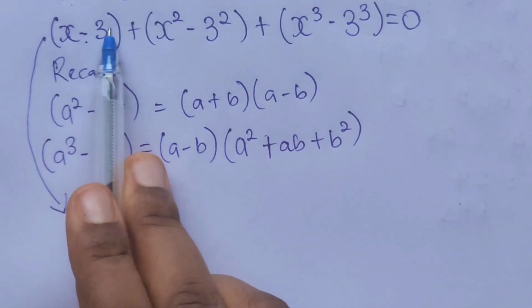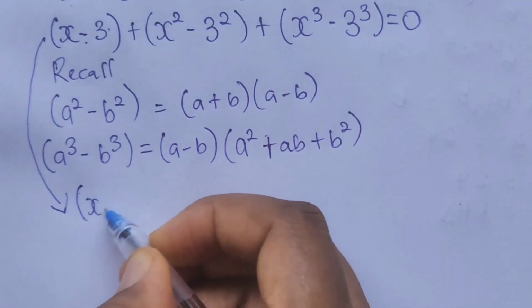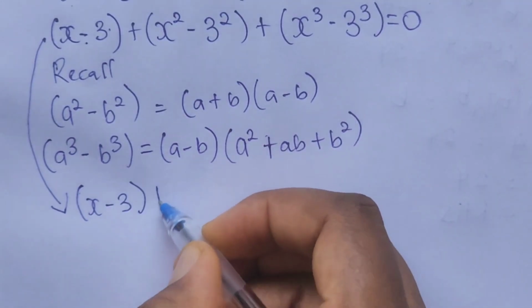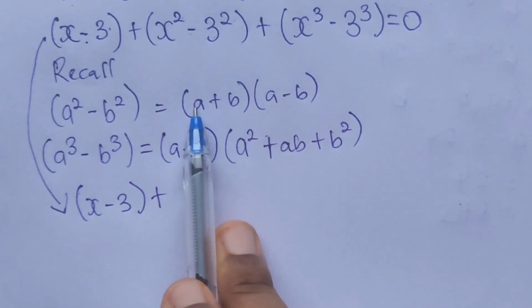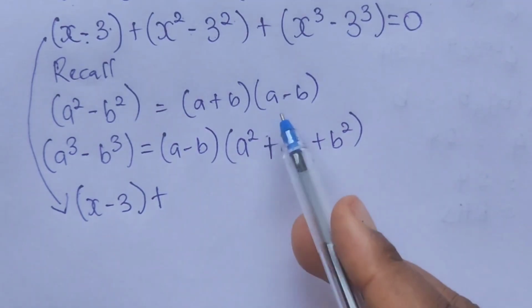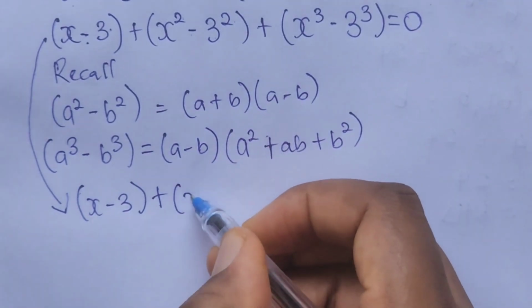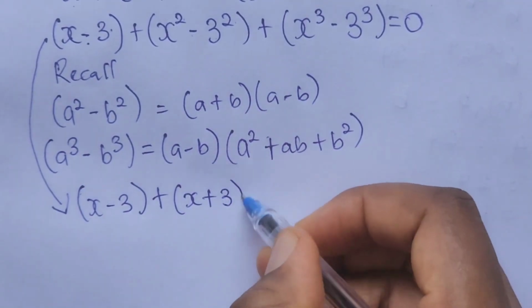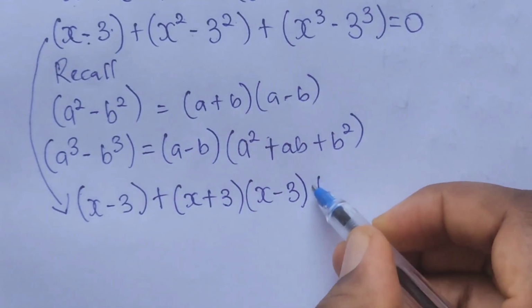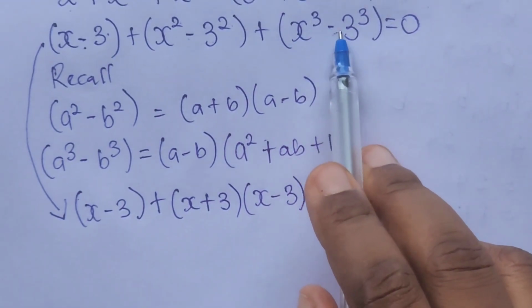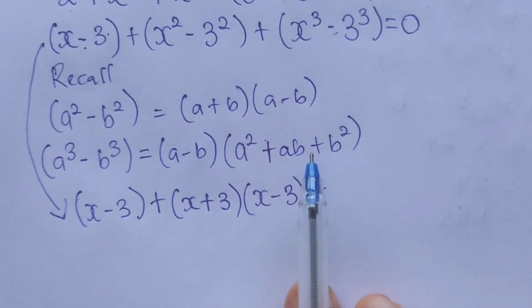So in this equation, we have x minus 3 plus we have x squared minus 3 to the power of 2. So we'll be applying this here to have x plus 3 times x minus 3 plus we have x cubed minus 3 to the power of 3.